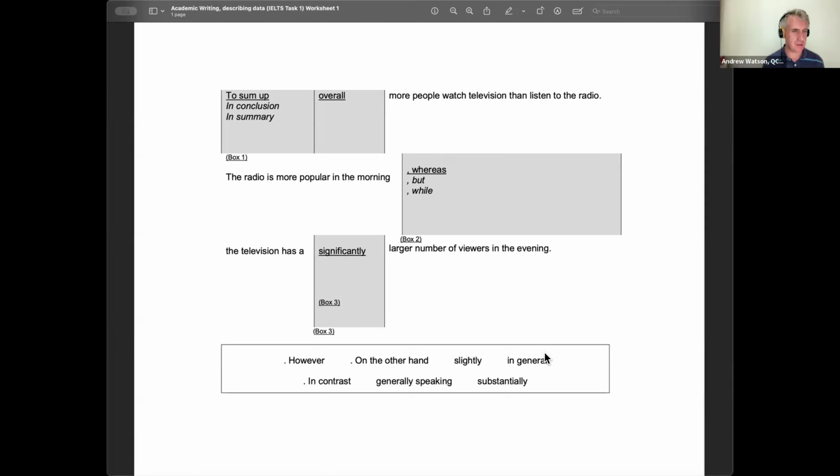Yes, you could put slightly in box 3. In box number 2, you can write on the other hand. Yeah, box 2 you could write on the other hand. Yes, indeed. And however, would also go in box 2.